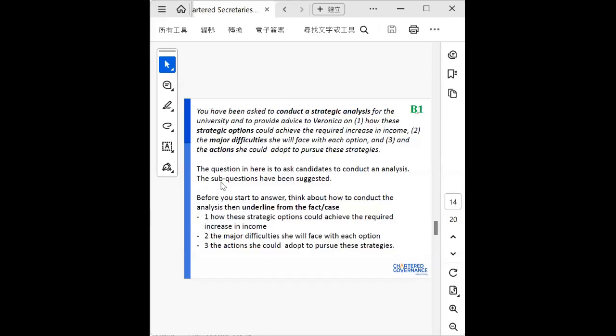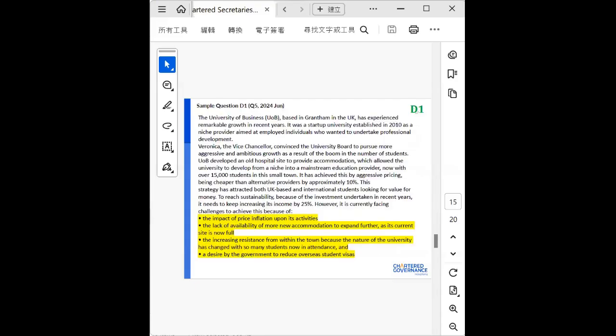If you read the question, you can see very clearly that these are probably the problems of the company. Here it says that to reach sustainability, it needs to keep increasing income by 25%.